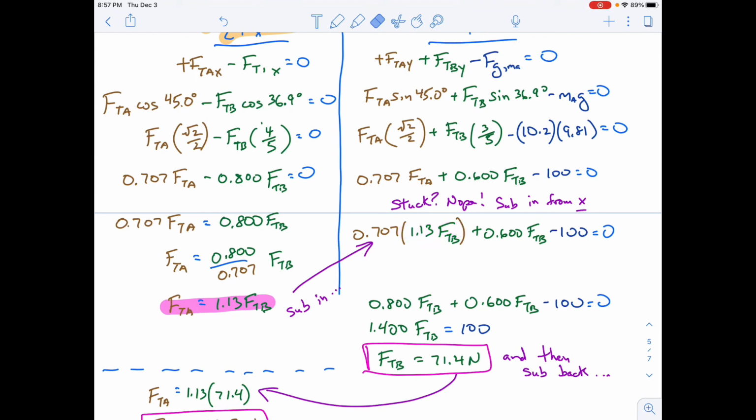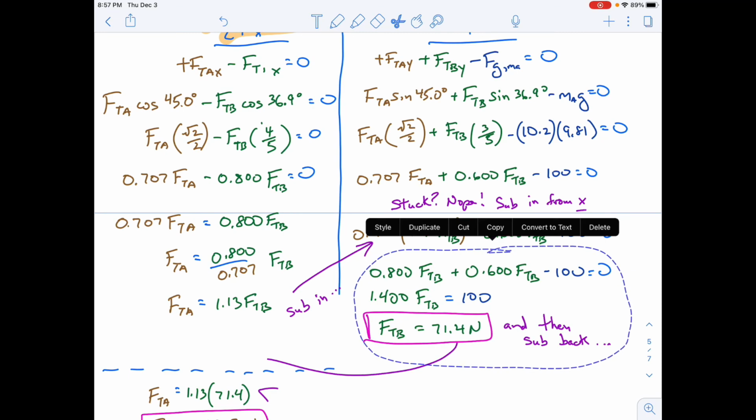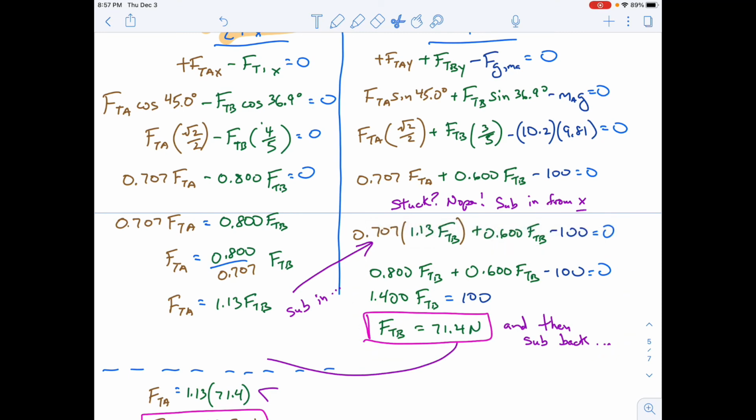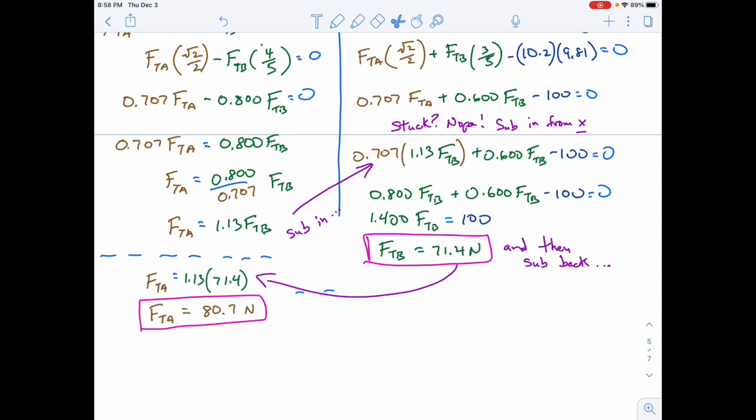And once you do that, you can solve for FTB, which I do. And then once you get that value, you can sub back into the previous equation and get FTA. And that's what I did.